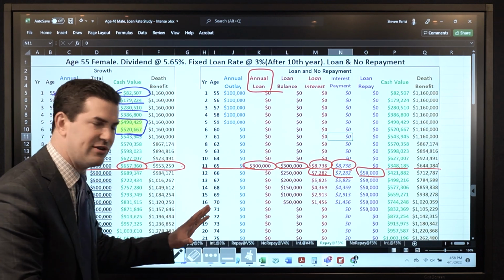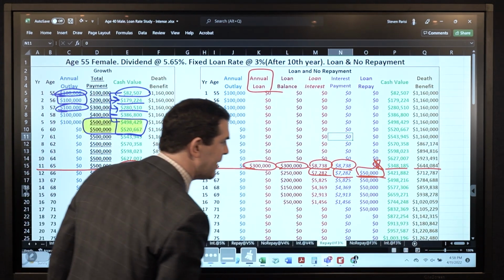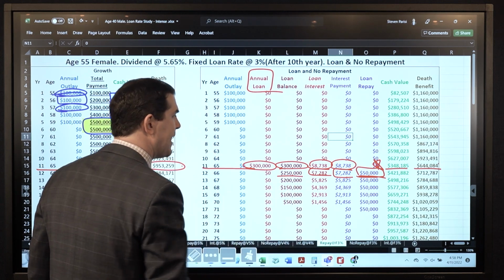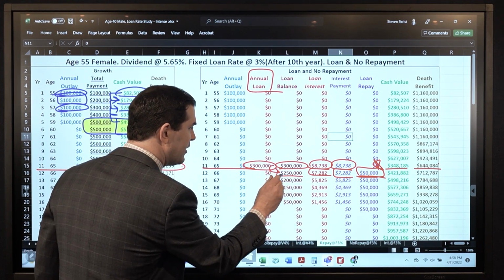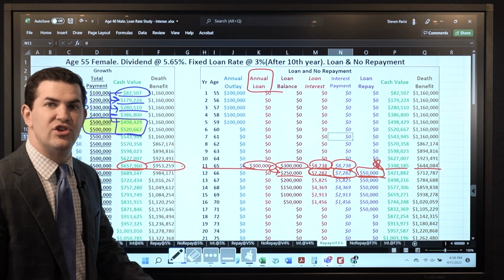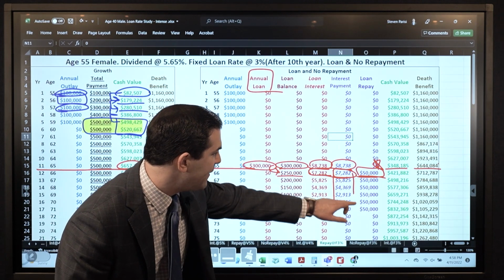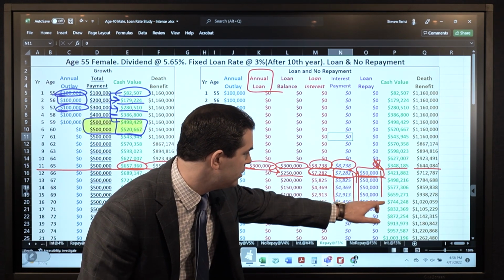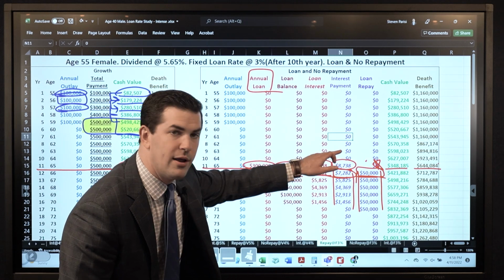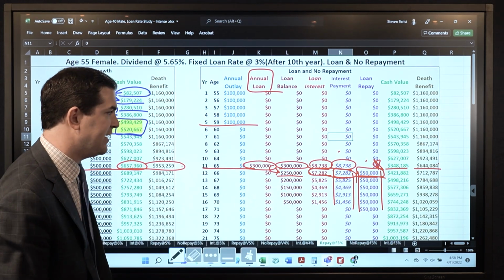How this illustration actually computes is it assumes we make the $50,000 payment up front, chipping the balance down from 300 to 250, and then the interest, the 7282, is generated on the 250. And then that happens each year. So your net out of pocket each year, if this is you, is the loan principal payment plus the loan interest. And that's excluding the first 5 years of funding.